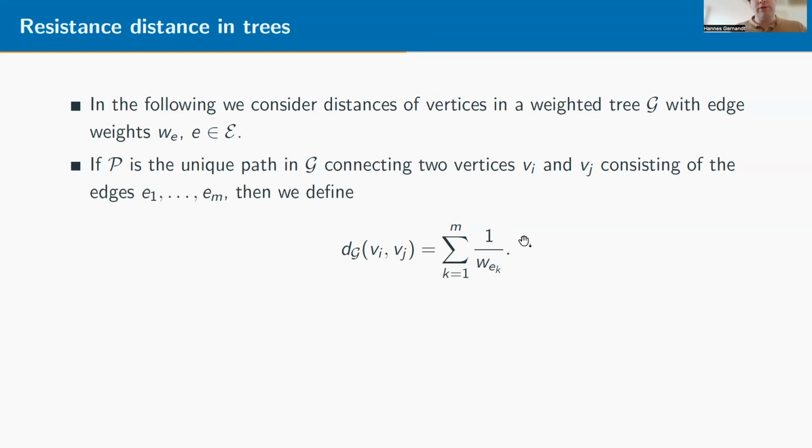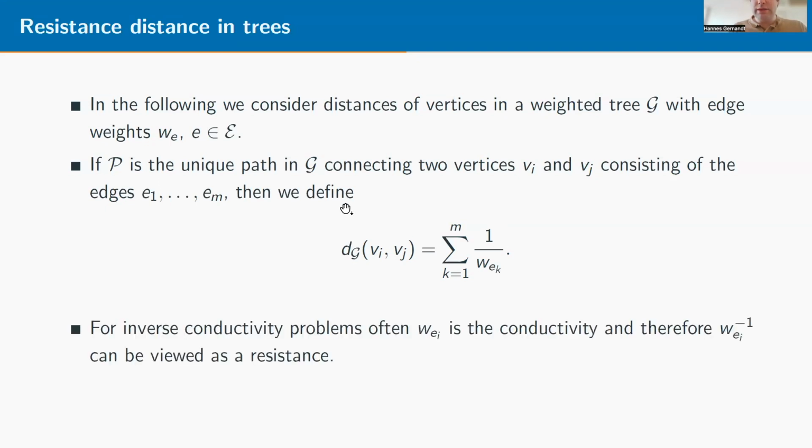And this is somehow counterintuitive, because we have a certain weight w_e on the edges, but the distance is not the sum of the weights, it's the sum of the inverse weights. This is the distance we will consider and which we can determine from the Dirichlet to Neumann map. And the reason is that for these conductivity problems, which are also considered for graphs, the weight is the conductivity and the inverse of the weight is the resistance.